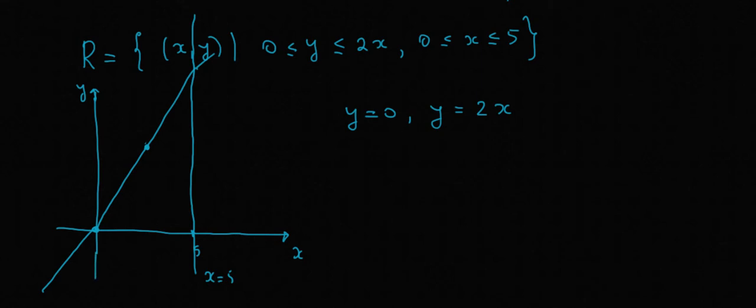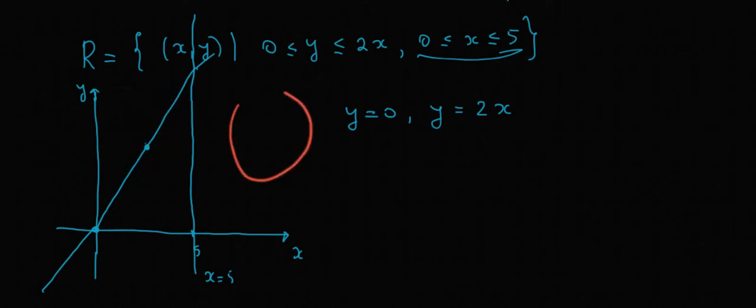The second inequality says that the points in our region R, region of integration, lie between the y-axis and the vertical line x equals 5, because this is where points have x-coordinate between 0 and 5.